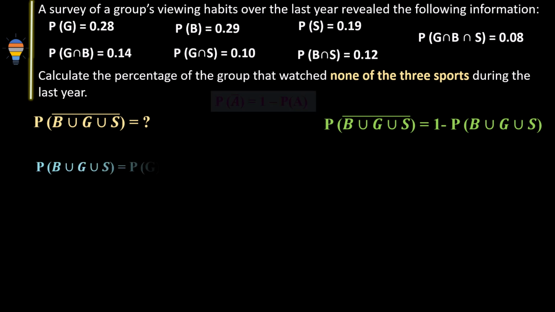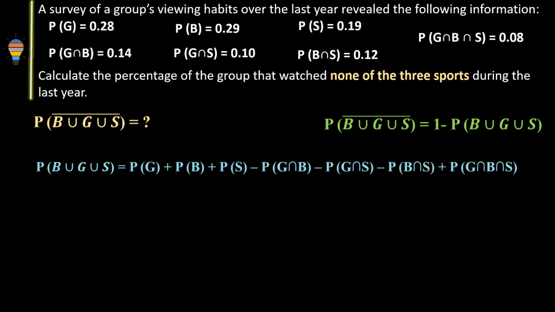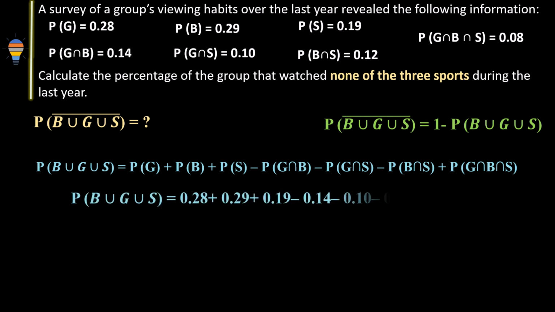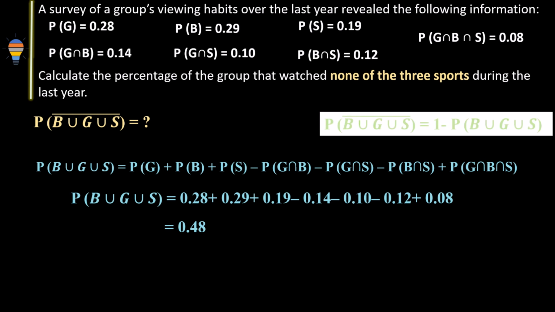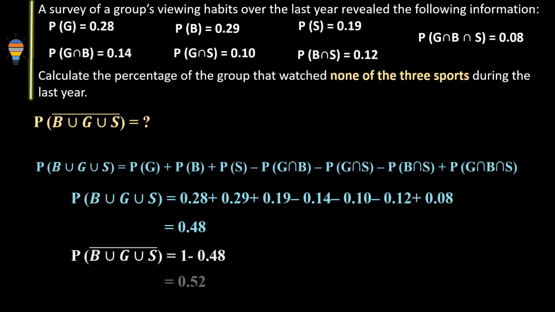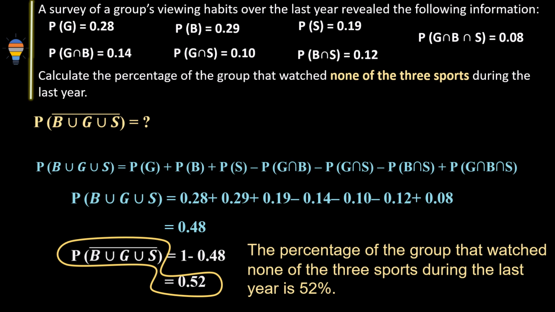What is the addition rule for 3 events? Is this. Then we have all probabilities, just plug the numbers and get the probability of B union G union S. But we need the complement of that. So using this, we can write 1 minus 0.48, which is 0.52. Therefore, the answer is here also 52%.